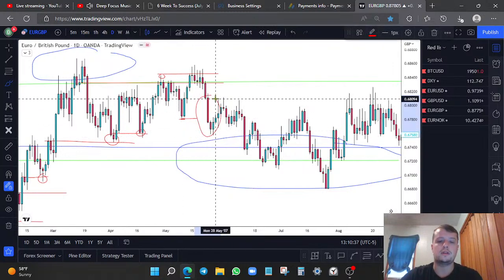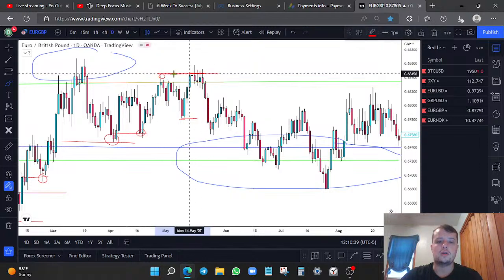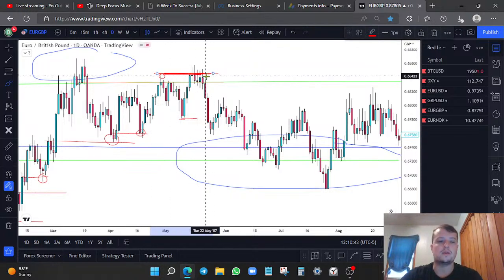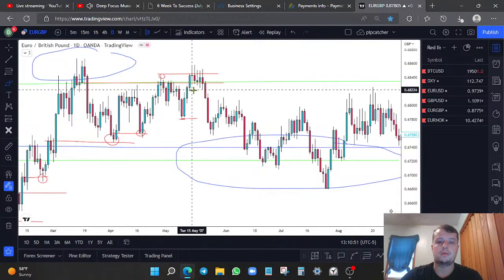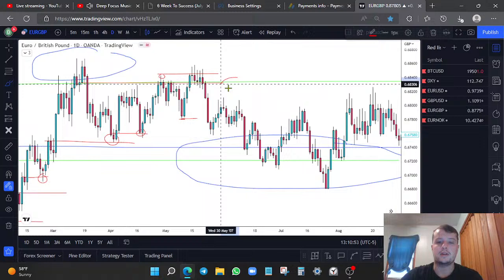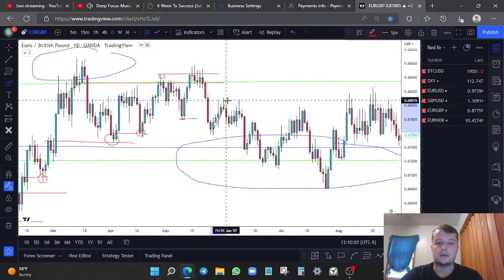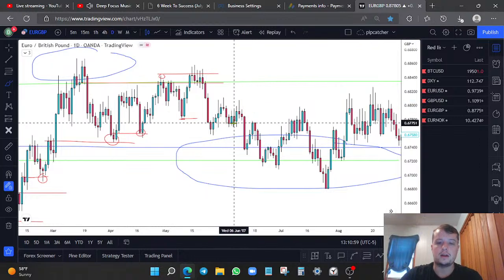There's closes below it. You see there's no closes above this high. It's all wicks, it's all respecting this area, right? But there's closes below this. And look what happens. Price doesn't come back up to this area here. We consolidate around, shift in market structure here, and now look.